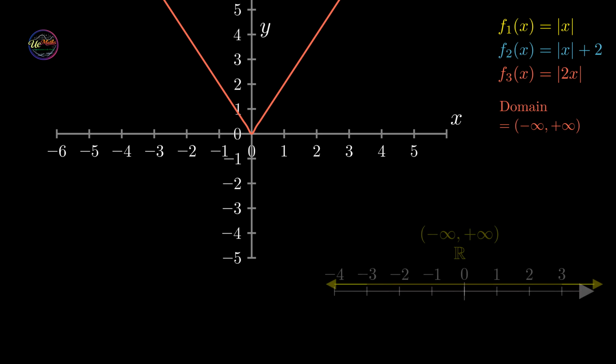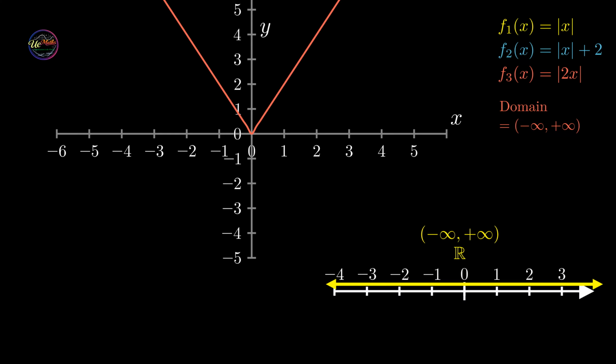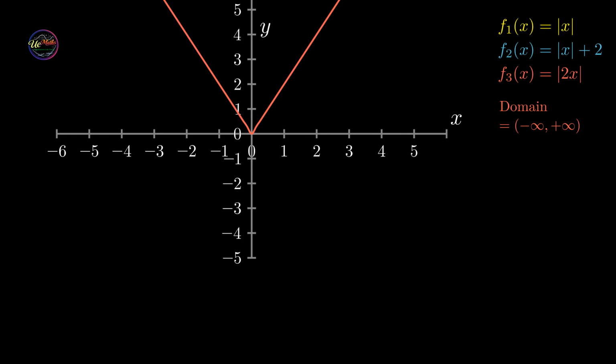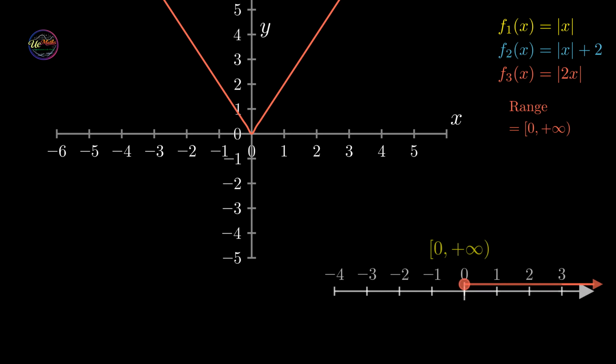Therefore, the domain of the red curve is still all real numbers. So the range is still the closed interval from 0 to positive infinity.